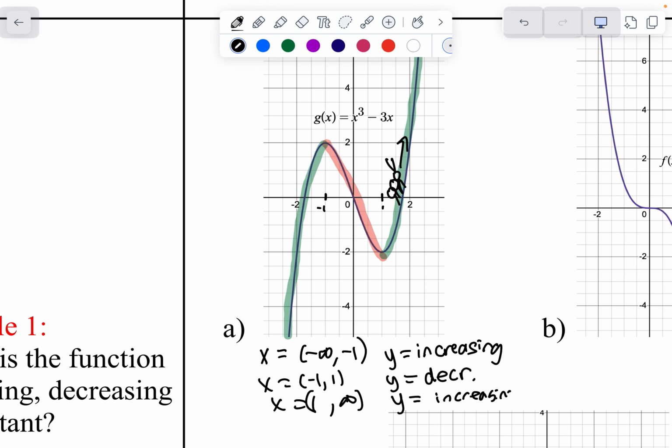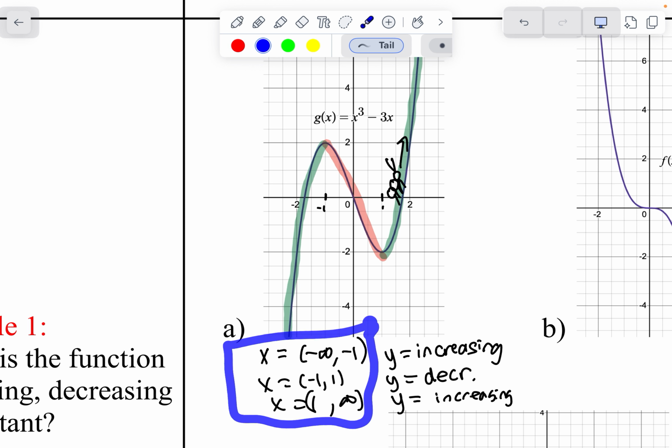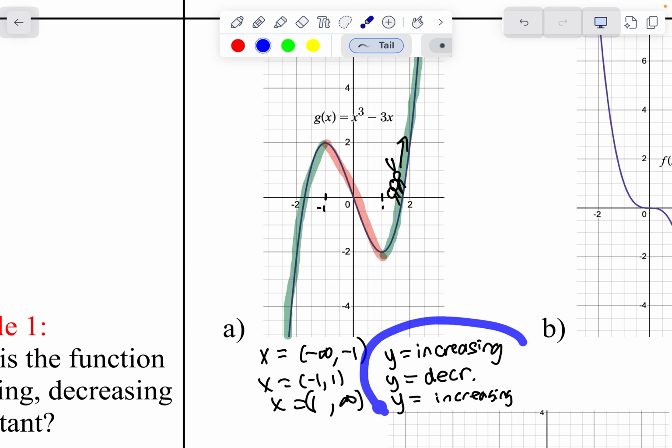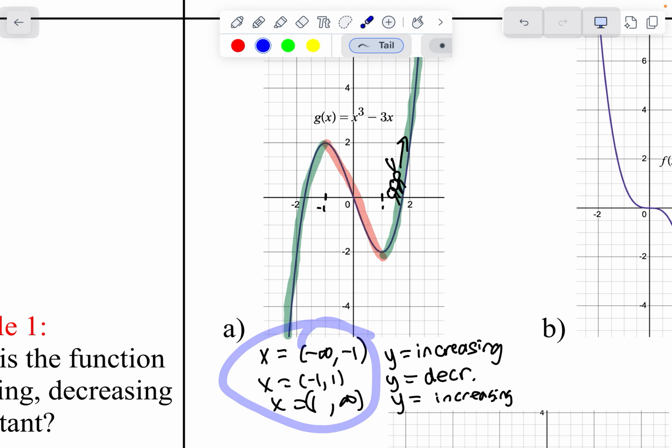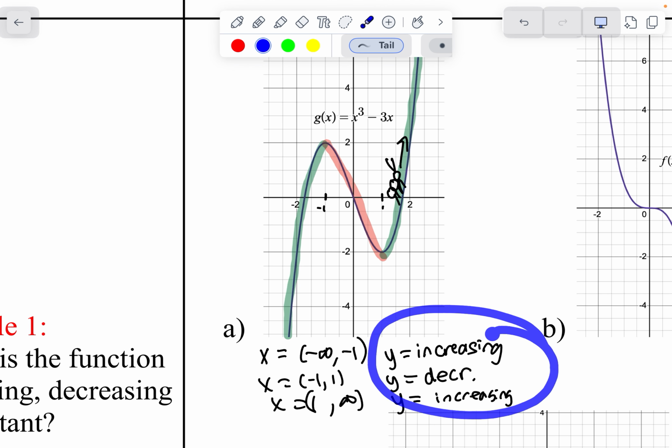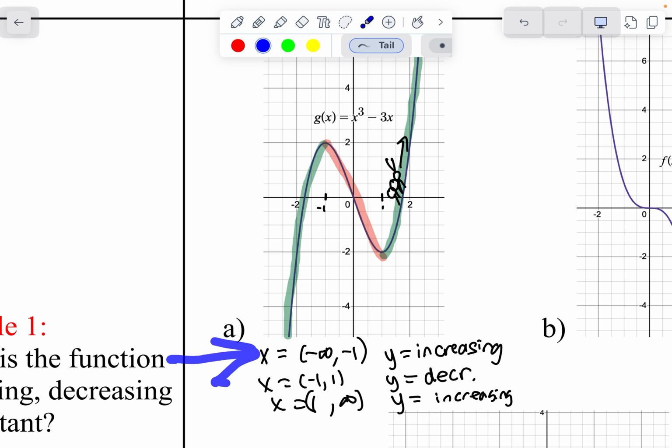So the thing that I've always told my students in the past, this is his walking path. The x is where he's walking. This describes his height. So the interval describes the x's. The word describes how his height is changing. So along these x's, my y is going uphill.